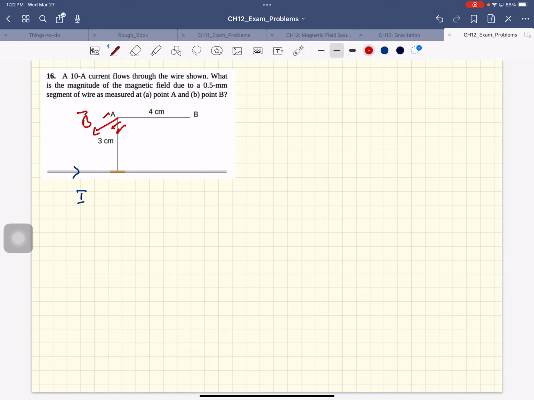If you wanted the field due to the entire wire, you would have to add up all of these, and that was the integral, mu naught over 4 pi, I ds cross r hat divided by r squared. We're not doing the integral.